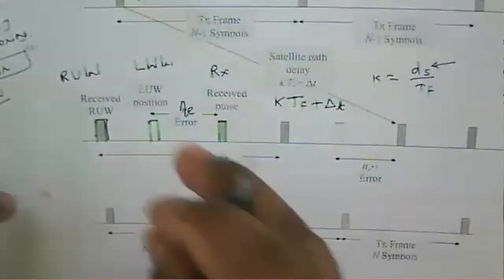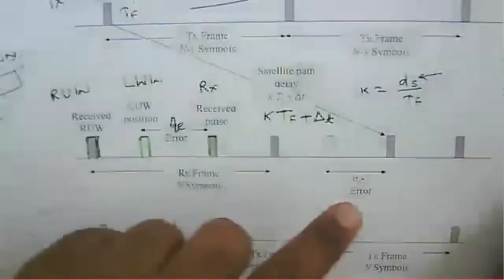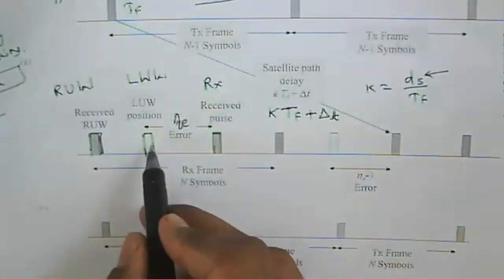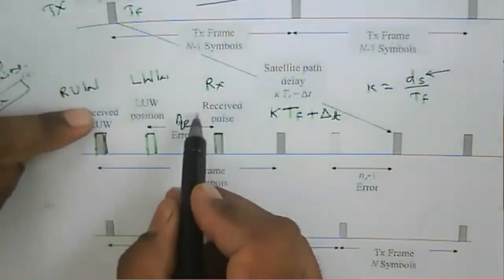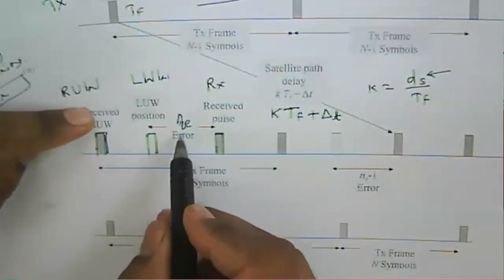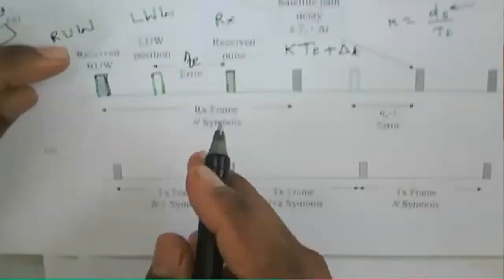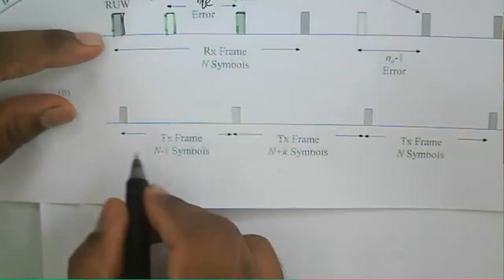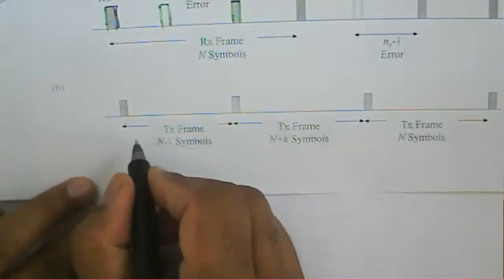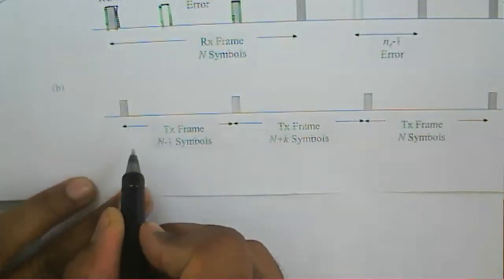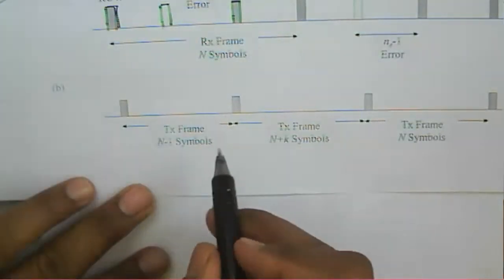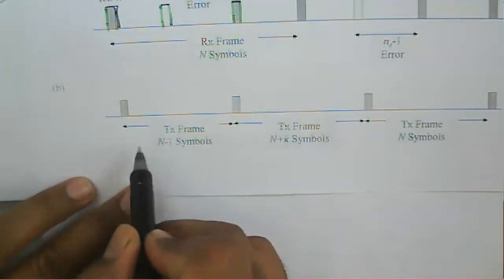And this is about a receiving pulse, and the error of this received pulse will be n here. Now you can consider next a sequence of the transmit frame length during the correction period.